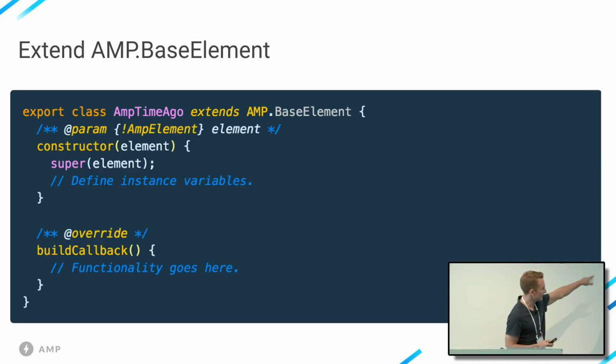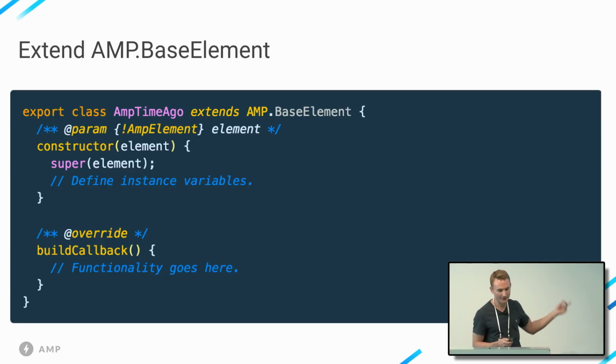And that would then allow us to define the instance variables below in this top section in the constructor. And then beneath here is where we would implement the overrides of AMP's component lifecycle methods. So build callback is one of these. And we probably implement several overrides at this point in the file.